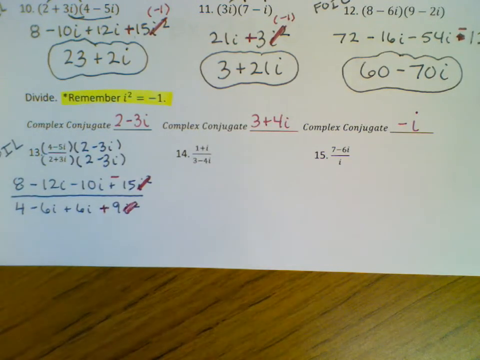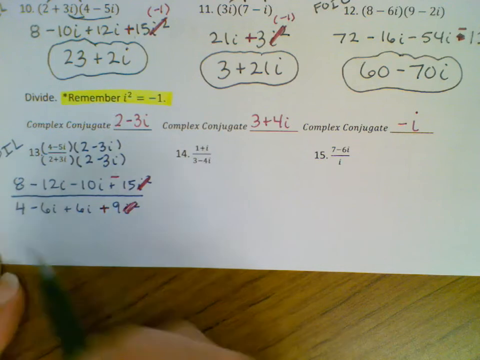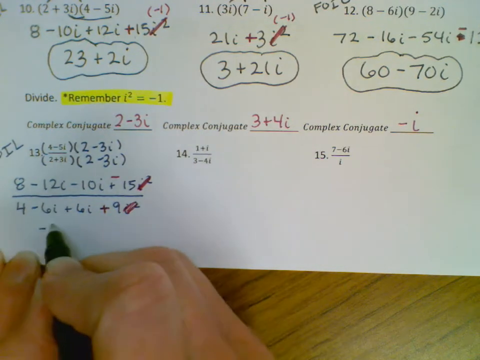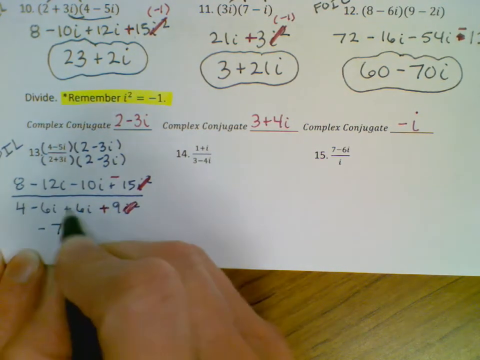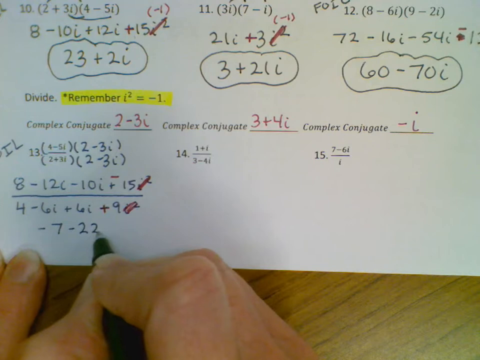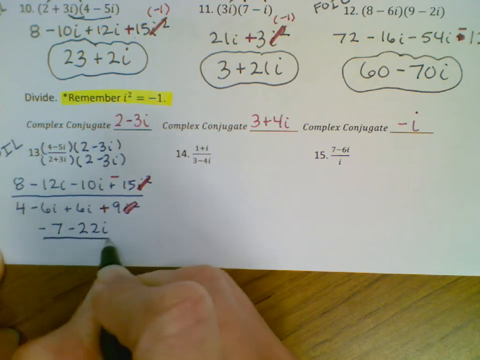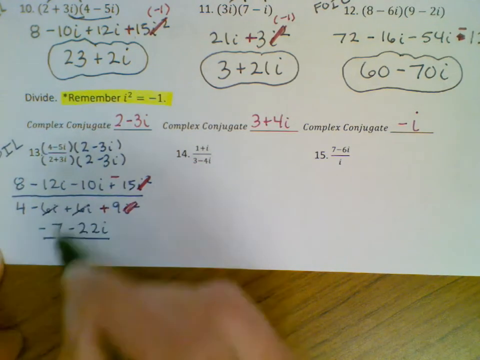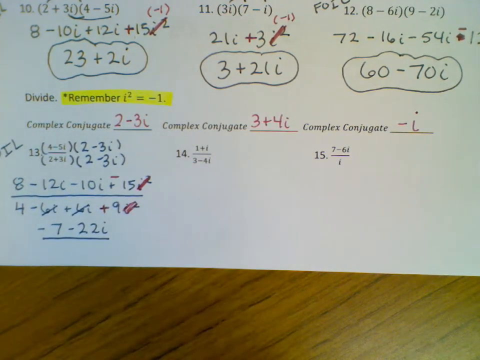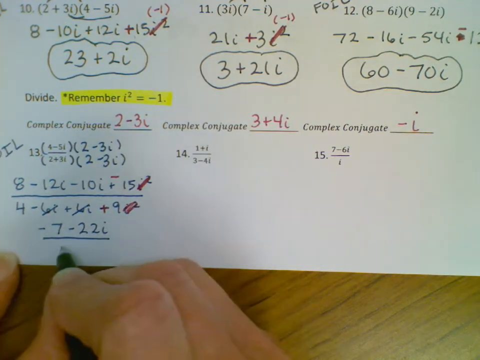So when we combine like terms, 8 minus 15 is -7, and then minus 22i all over. Now the 6i's are going to cancel. That's what we wanted to happen, and that's the whole purpose of doing the conjugate, is because those will always cancel. And then 4 plus 9 is 13.